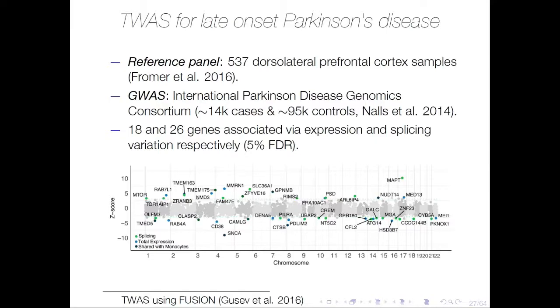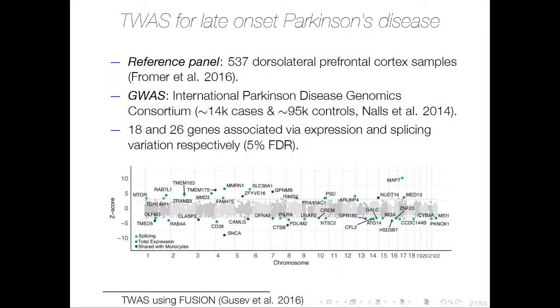So we actually found more genes through splicing variation than we did through expression. Part of the reason I wanted to show you this example is, the x-axis is a genomic position, and the y-axis here is a z-score from the TWAS. And the most significant result is actually for MAPT, which is microtubule-associated protein tau, the protein that I told you about at the beginning.